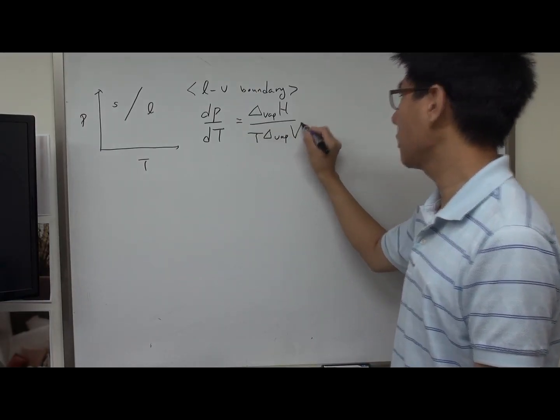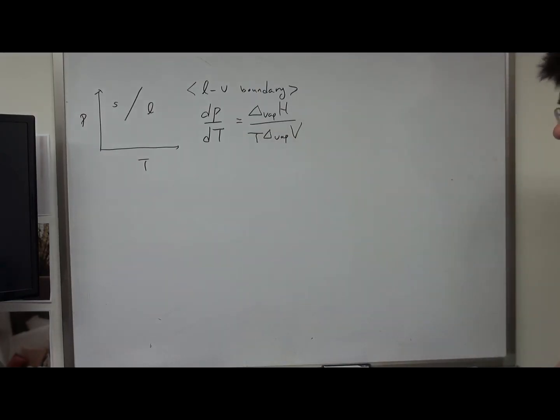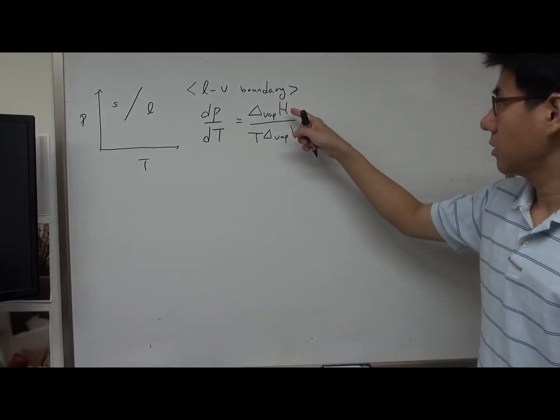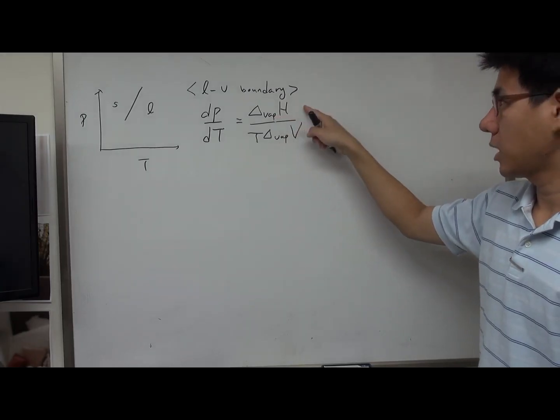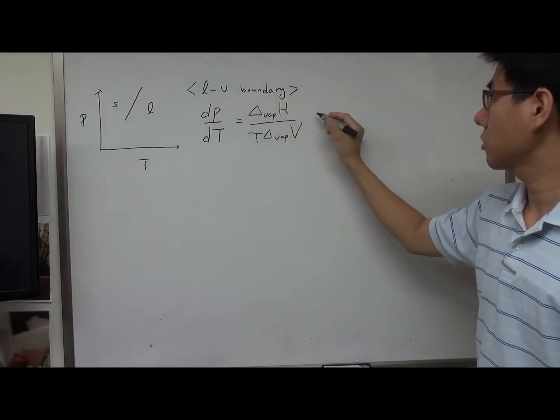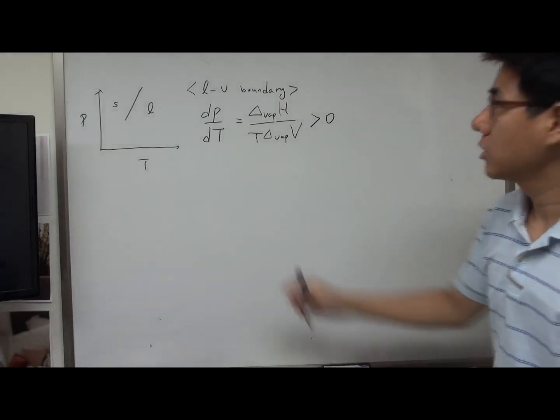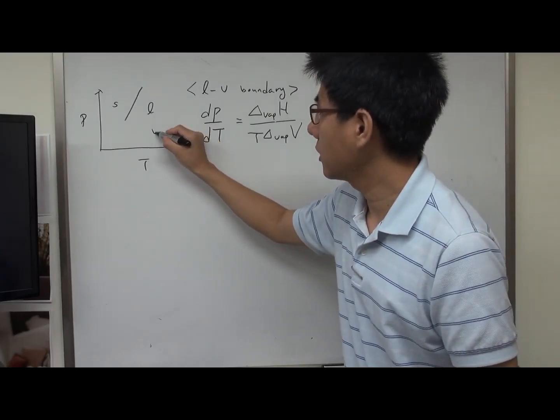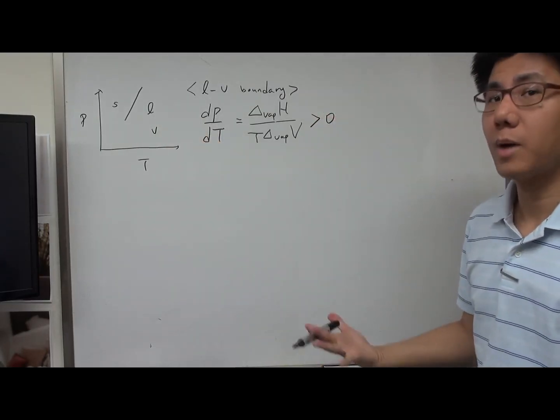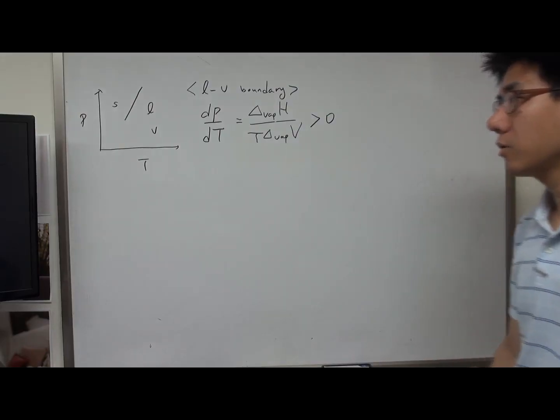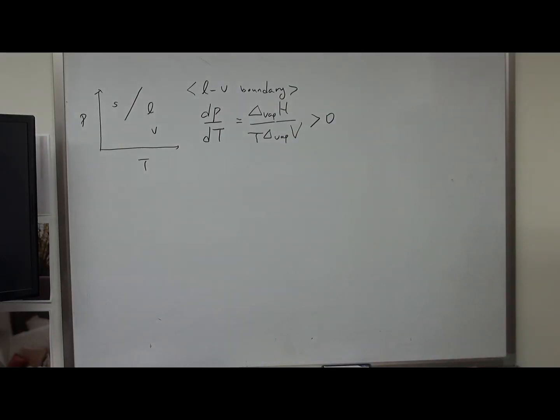Vaporization volume, right? Everything is the same. So delta H for vaporization is positive, positive, positive. So it's also positive. Oh, so the liquid vapor boundary also has a positive slope. Okay, we can conclude it.